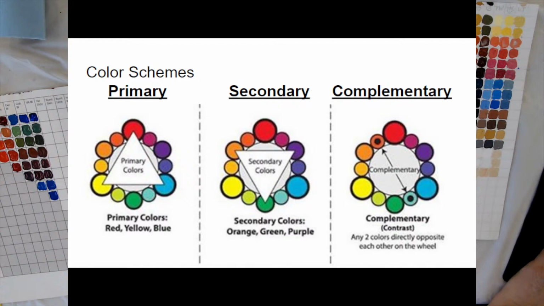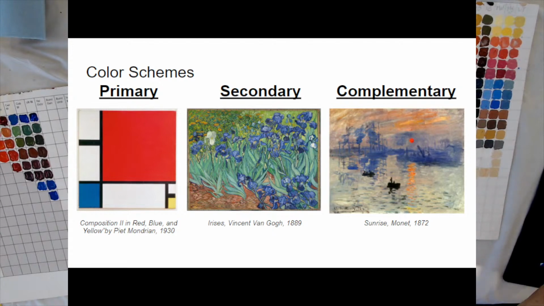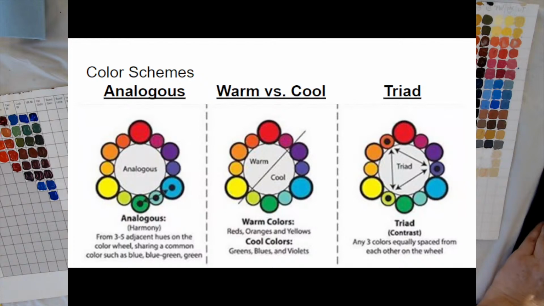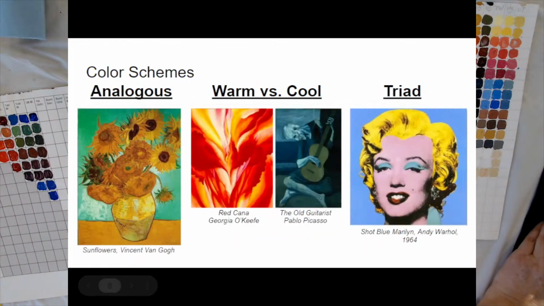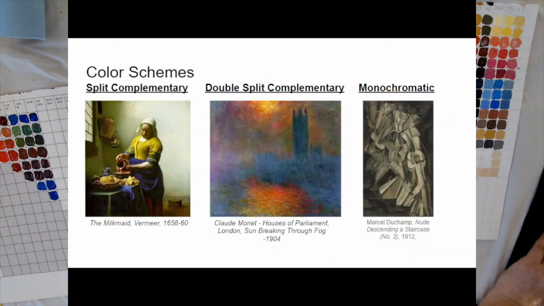Next, we went through all the different color schemes: primary, secondary, complementary, and we took pieces of work from art history to help illustrate the different color schemes. Analogous, warm versus cool, and triad, and then split complement, double split, and monochromatic.